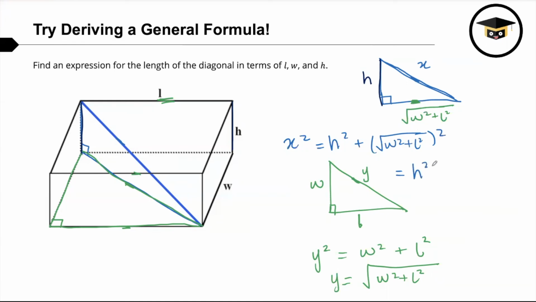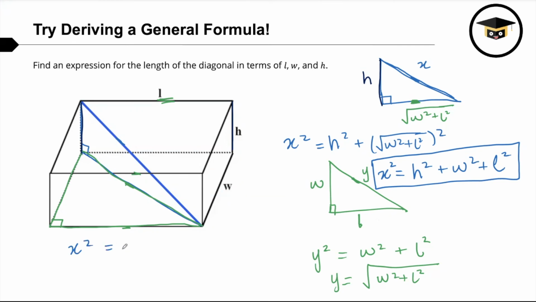So it's h squared plus just whatever that is, W squared plus L squared. So we come to the equation x squared is equal to h squared plus W squared plus L squared. Now it's getting a bit messy, so I just might move it over here.